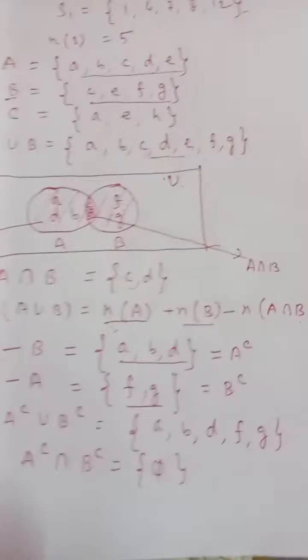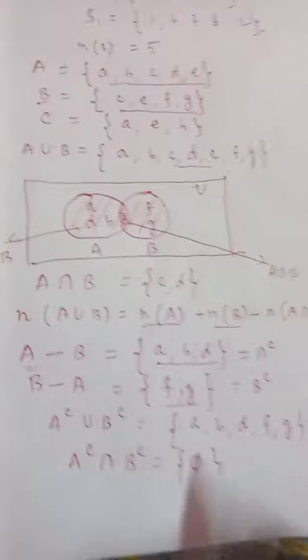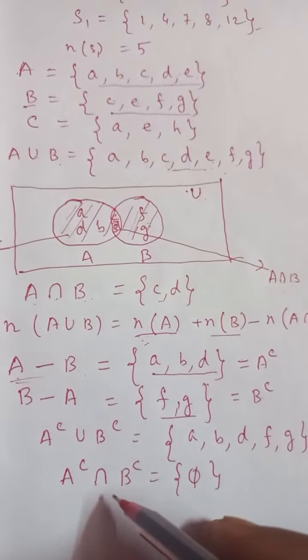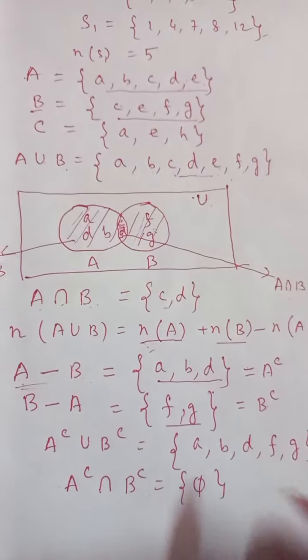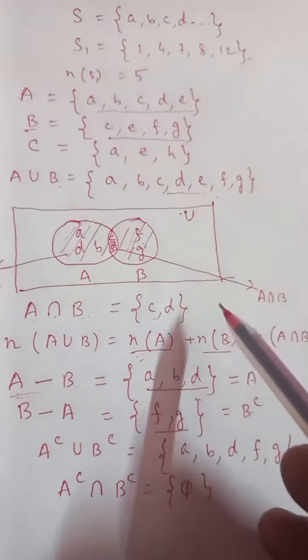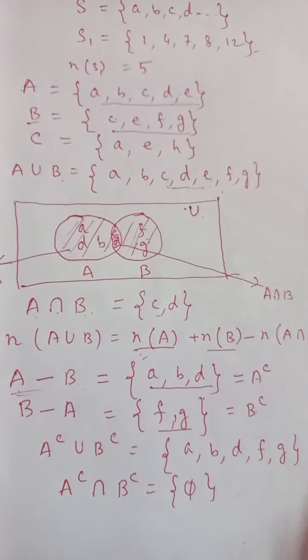In this way we can take the union of two complement sets, or find the intersection of two complements of sets. So we have to know what the universal set is and what the null set is.